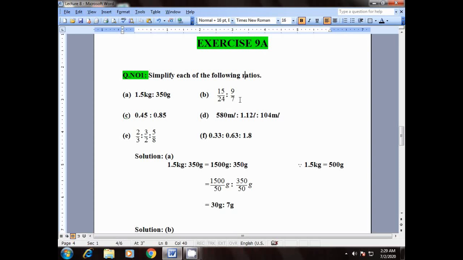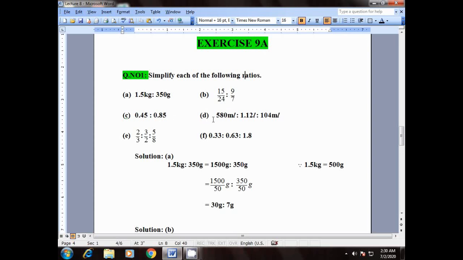Now the first part of this question, we have given two quantities, 1.5 kg ratio 350 gram. In the second part, 15 divided by 24, which is the first quantity, ratio 9 divided by 7, which is the second quantity. In the third part of this question, the quantities are given in the decimal form, 0.45 ratio 0.85.